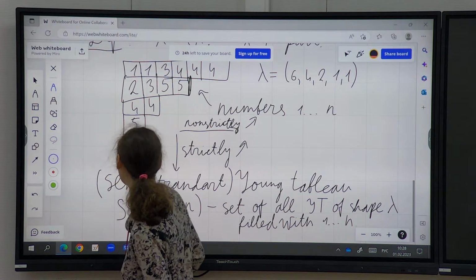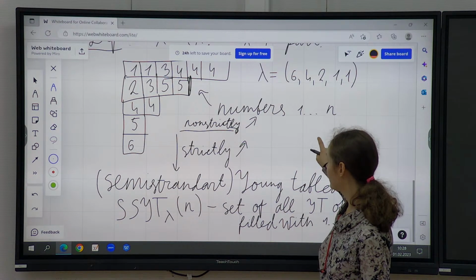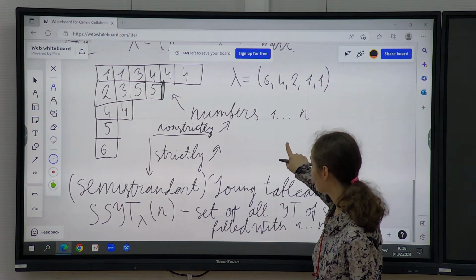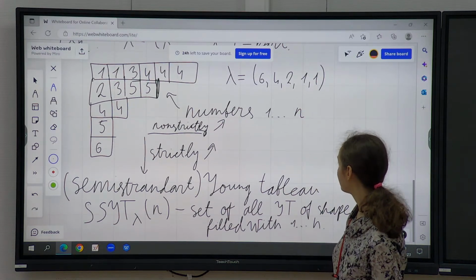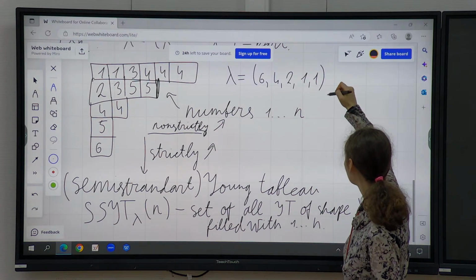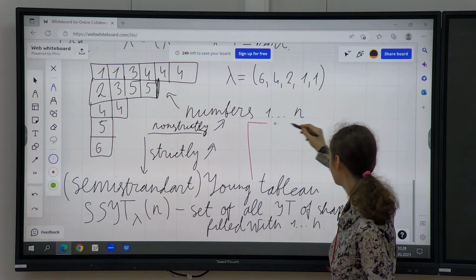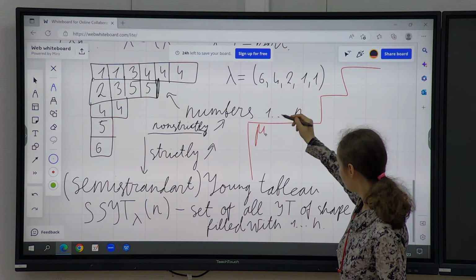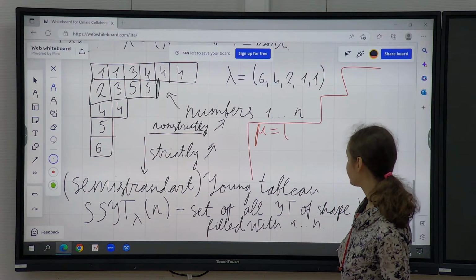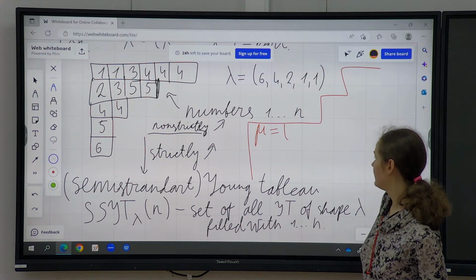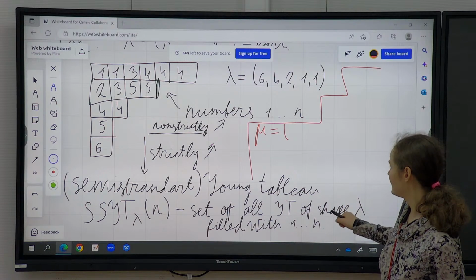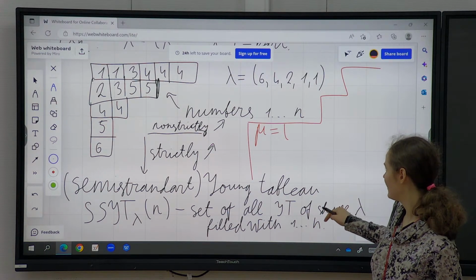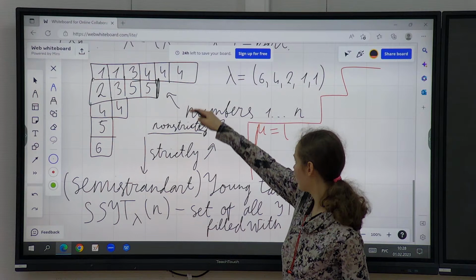And for each Young tableau, we can define its weight. Its weight is a sequence mu where the ith entry is the number of i's in our tableau.